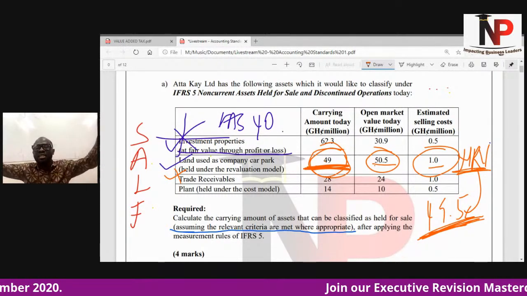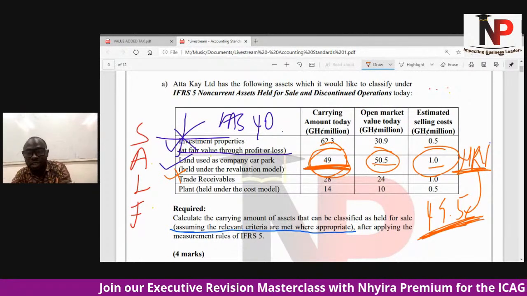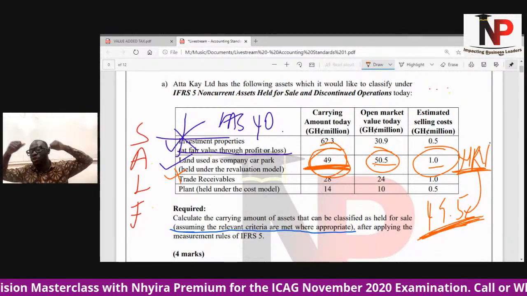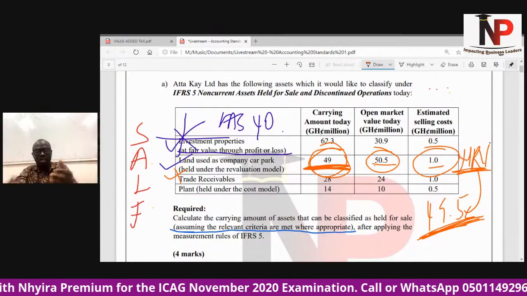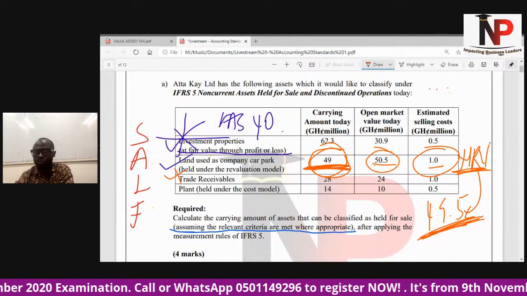It is outside the scope of IFRS 5. The investment property is outside the scope of IFRS 5, cannot be accounted for. The trade receivables also cannot be accounted for.